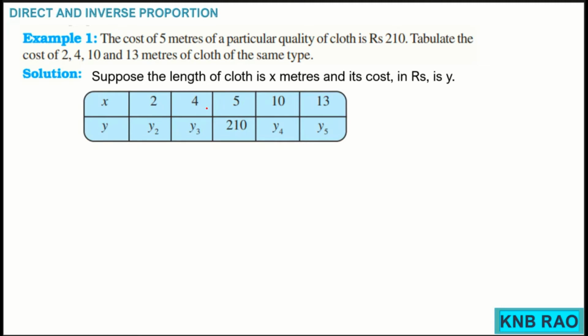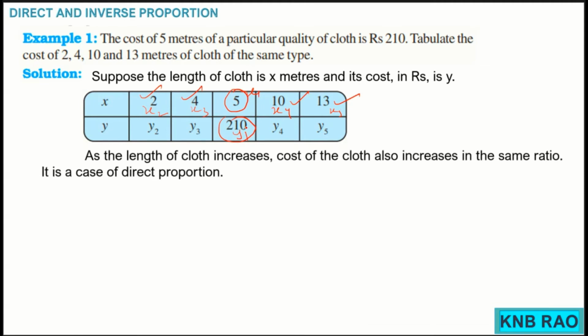In this table you are given for 5 meters of cloth rupees 210, whereas you are asked to find the cost of 2 meters, 4 meters, 10 meters and 13 meters of cloth. The values x1, y1, x2, y2, x3, y3: x2's corresponding value is y2, x3's corresponding value is y3, x4's corresponding value is y4, x5's corresponding value is y5, whereas x1 is 5, and its corresponding value is y1.